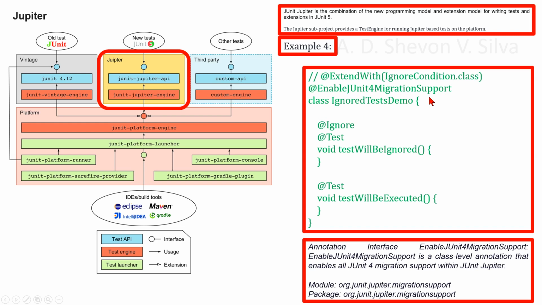Specifically, this annotation registers all extensions supported by the rule migration support, and provides support for JUnit 4's @Ignore annotation for disabling test classes and test methods.